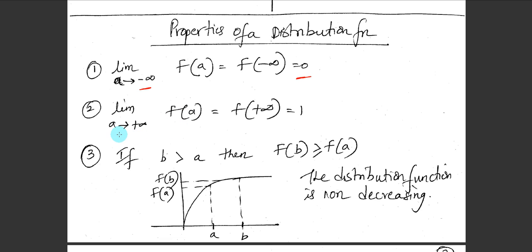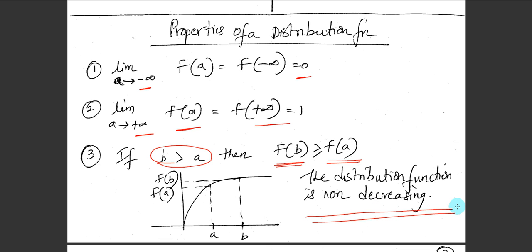If you take the limit as a tends to positive infinity, F of a is going to be equal to 1. And if you choose two values b and a, where b is greater than a, then the cumulative distribution function value up until point b is always greater than or equal to the cumulative distribution function value at the point a, which means the distribution function is always a non-decreasing function.